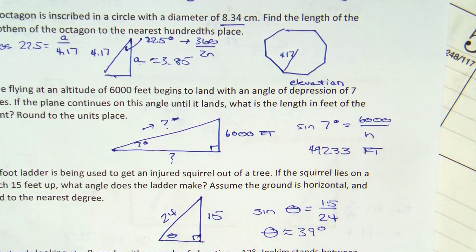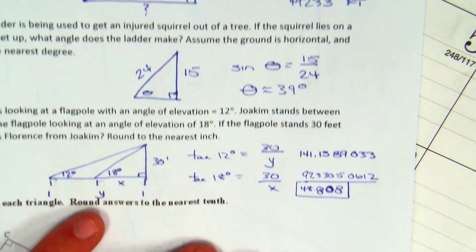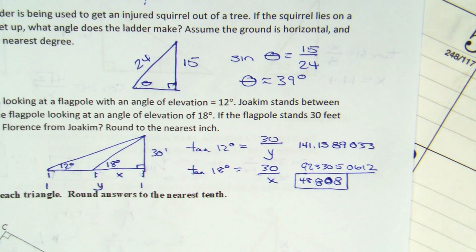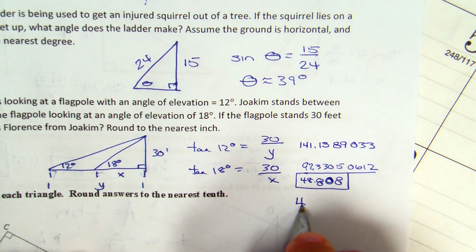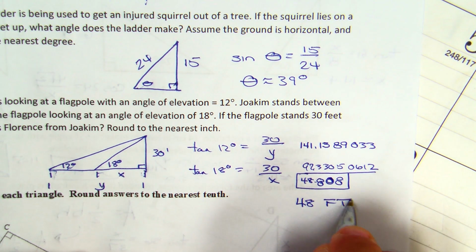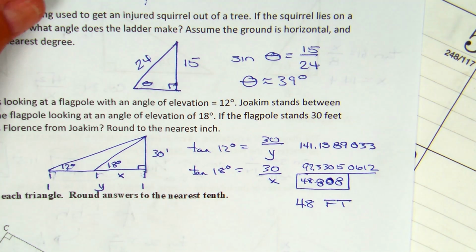Now, let's say you're facing this tomorrow on the test, and you give me 48.808. You're talking about losing a half a point by not being able to convert the 0.808 from feet into what? Inches. So if you don't know how to do this part, do that. You're showing me the trig, it's fine. To get the inches part in the rounded, all you're going to do is write down 48 feet.